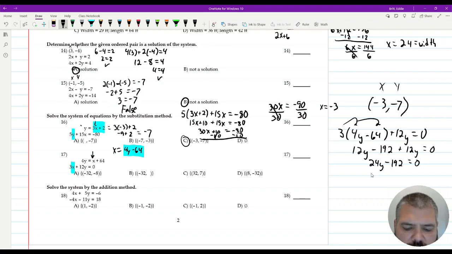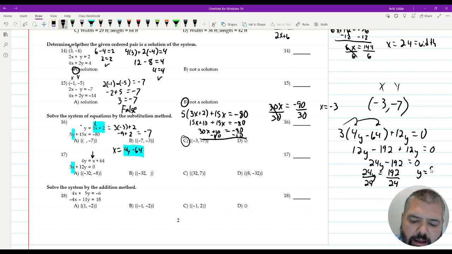Move your constant over, so you'd add 192 to both sides. I may have said 162, I meant 192 to both sides. So 24y equals 192. Divide both sides by 24. If I do this in a calculator, I bet I'm going to get a whole number. Let's see. y equals 8.